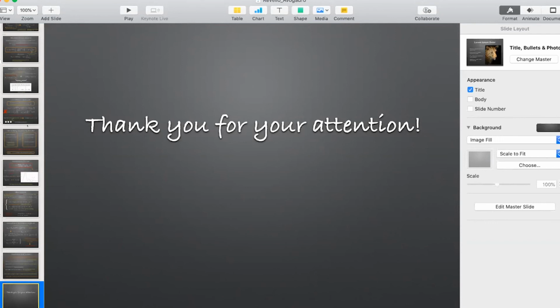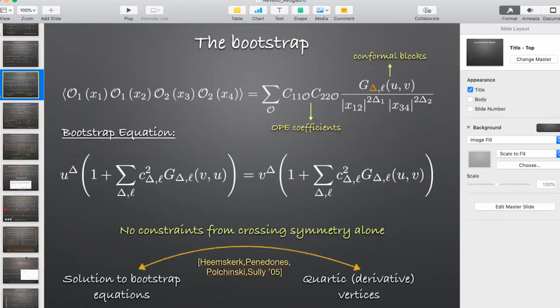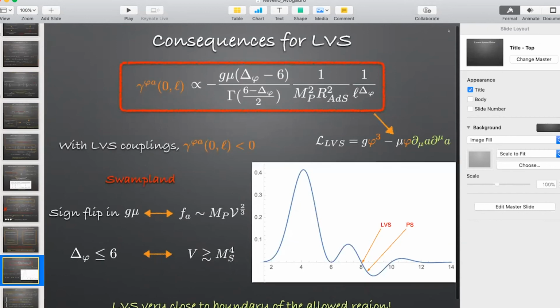Because you were showing this plot where you were plotting, I think, your field. What were you plotting here on the axis? So here on the y-axis is the sign of the anomalous dimension, and on the x-axis is delta phi, the conformal dimension of the volume modulus, corresponding to the mass.